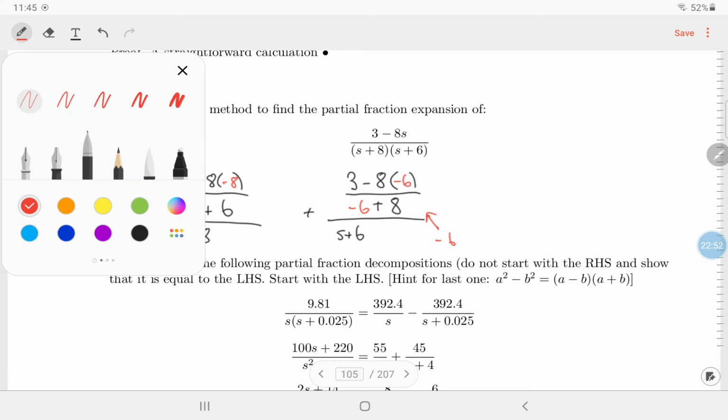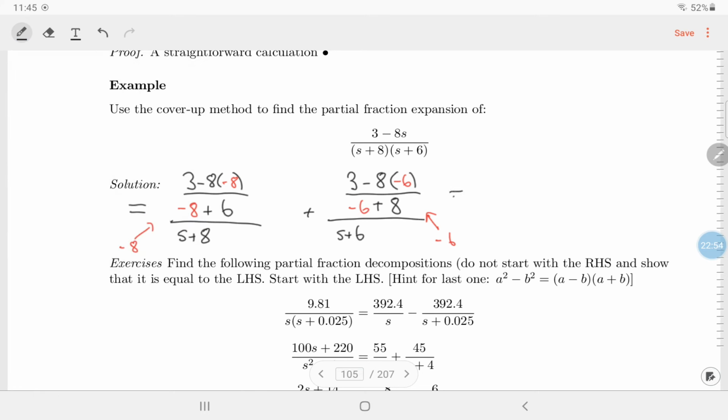And we can go into the calculator to get these. So 3 plus 64 divided by minus 2, minus 67 over 2.